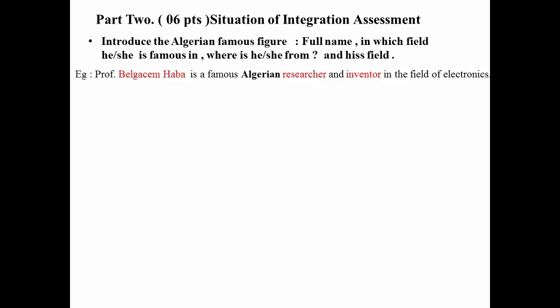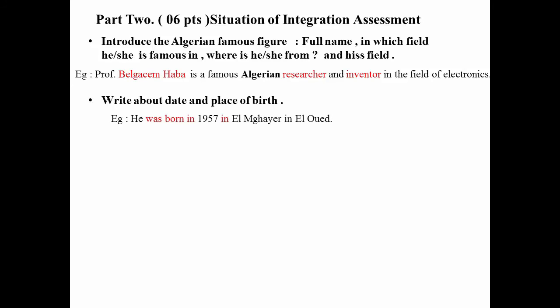Good. Then you can write about the date and place of birth. This is something easy for any pupil to write. You have to say he was born, and you mention the full date or simply the year.